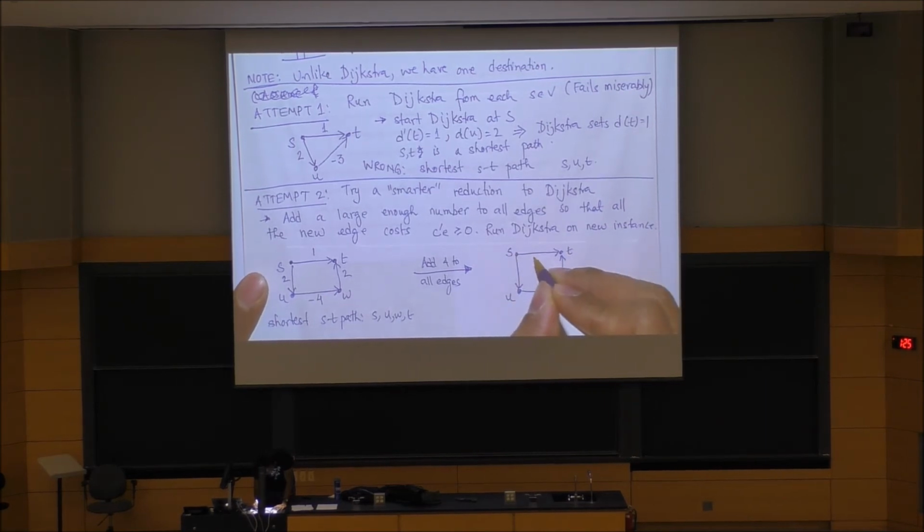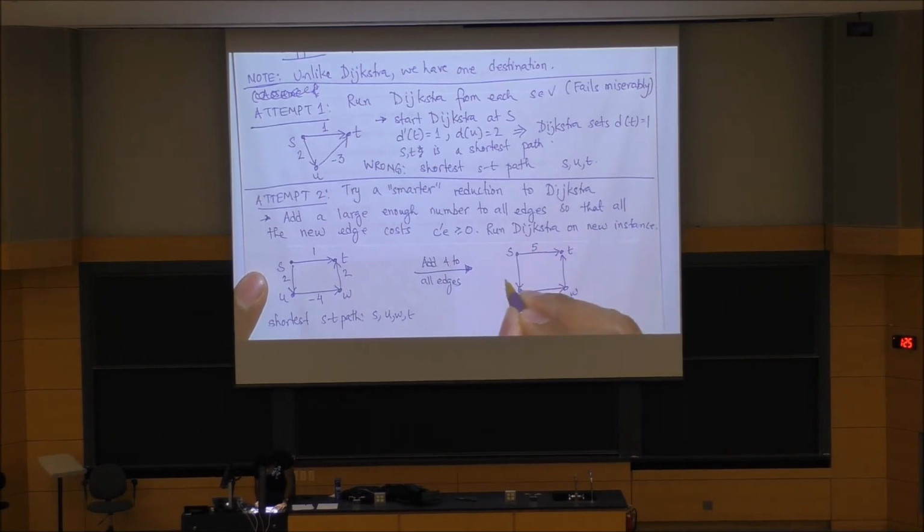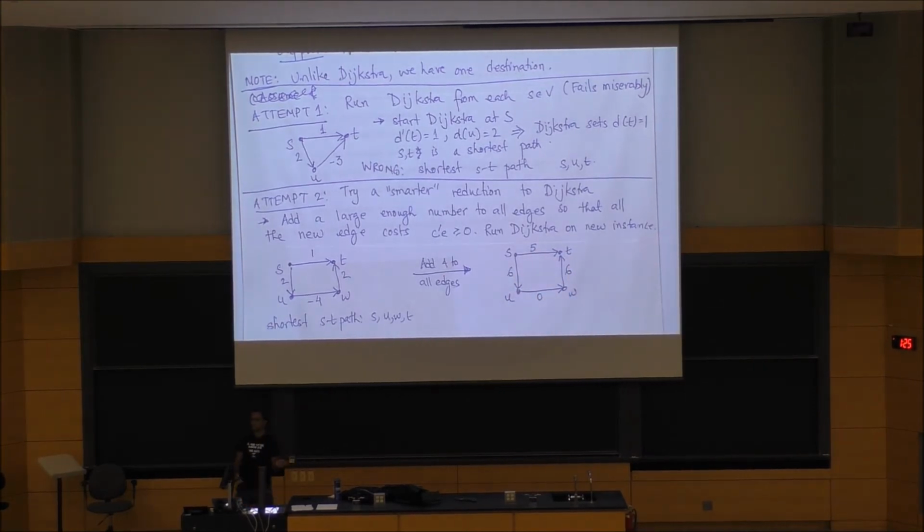So the top guy becomes 5. This becomes 6, 0, 6. And now in this case, the shortest path in the new graph is just the direct edge from S to T.